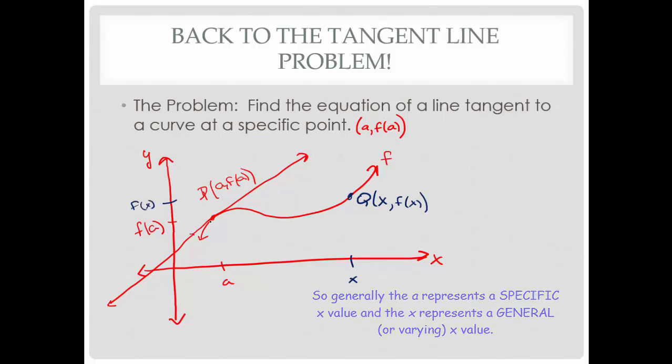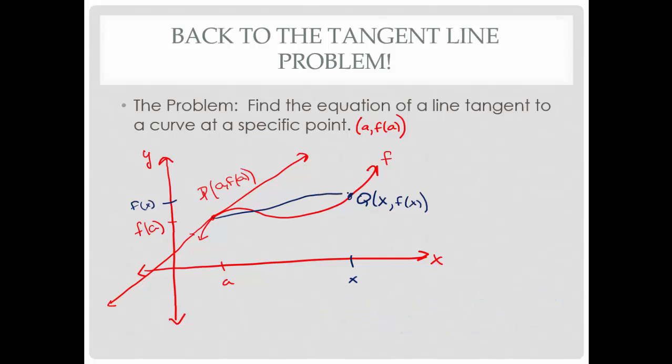If you find the slope of the secant line, now that you have two points, finding the slope is not really problematic. It's just y value minus y value over x value minus x value, so f of x minus f of a over x minus a. This was the slope of the secant line, which is an estimation of the slope of the tangent line, but not really a good one.